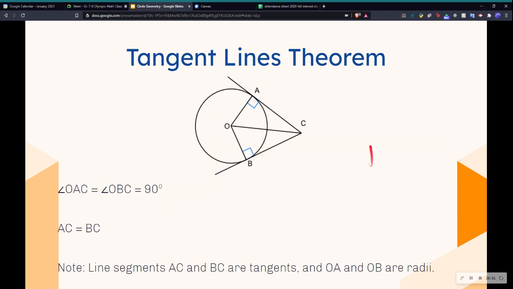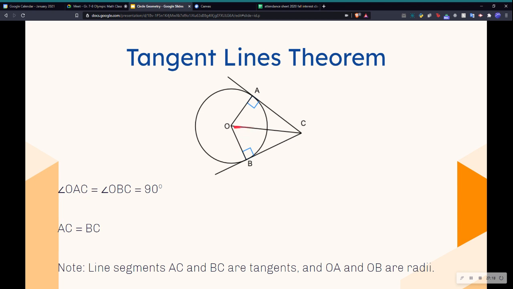All right. I think I realized how to prove the tangent line theorem now. We're not going to use congruent triangles. We're just going to use the Pythagorean theorem. Look at triangles OAC and OBC. These are right-angled triangles, right? They both share the hypotenuse OC, so these are equal to each other, of course. And remember, OB and OA are equal because they're the radii of the circle.